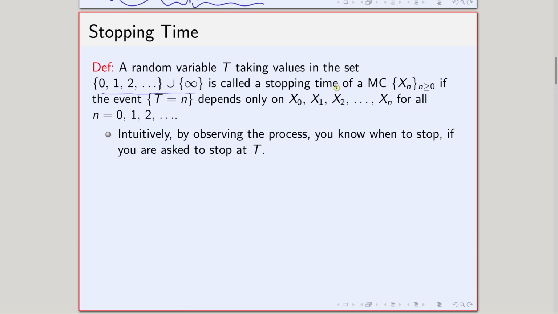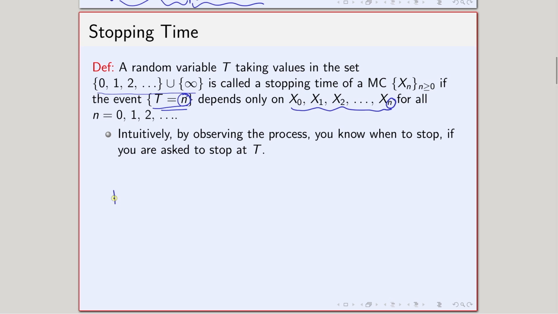Okay, so T is a random variable which takes values in this set, and it is called a stopping time of a Markov chain X_n if the following happens. The event T equals n is completely determined from the values of X_0 to X_n. This n is the same as this n.